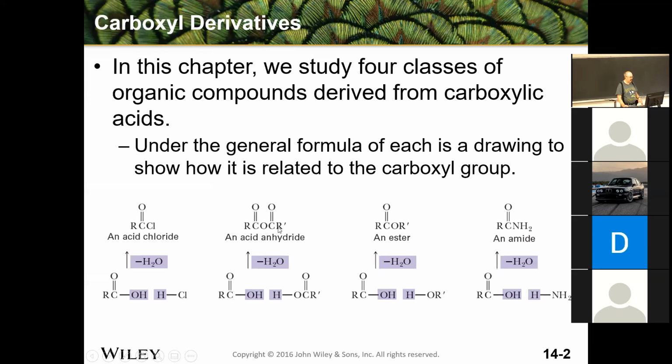They are more reactive than both those functional groups. Here we have an ester, and then we have an amide. Notice that all of these are derived from carboxylic acids. If we remove water from a carboxylic acid and something else, then we get these functional groups.